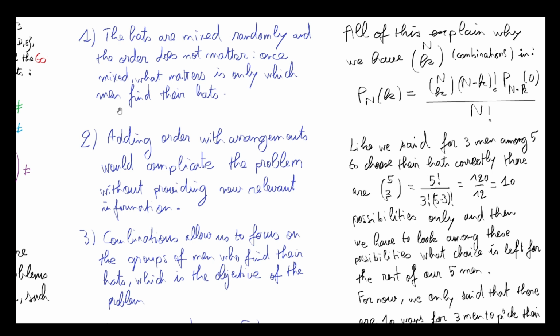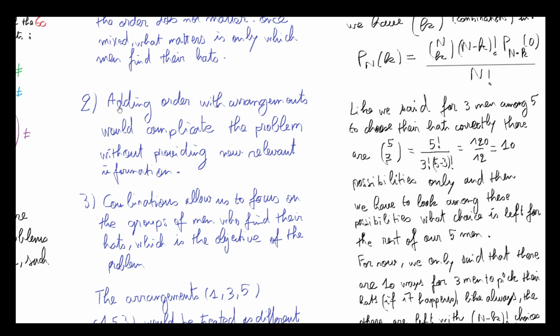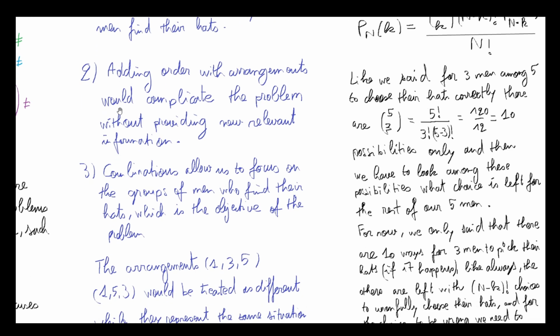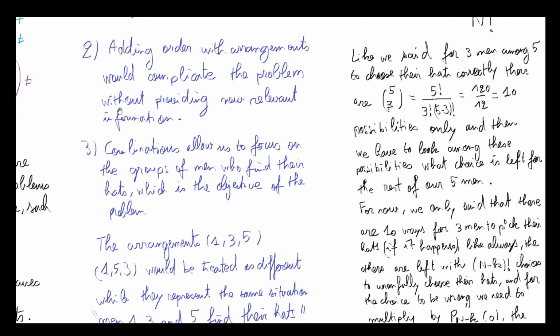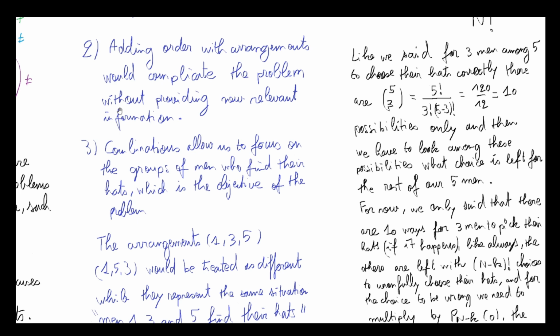Like we said, for 3 men among 5 to choose their hats correctly, there are 3 choose 5, which equals factorial of 5 over factorial of 3 times factorial of 5 minus 3, which equals 120 over 12, which equals 10 possibilities only, and then we have to look among these possibilities at what choice is left for the rest of our 5 men.